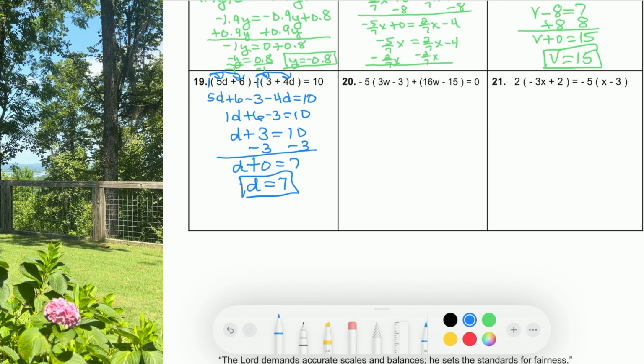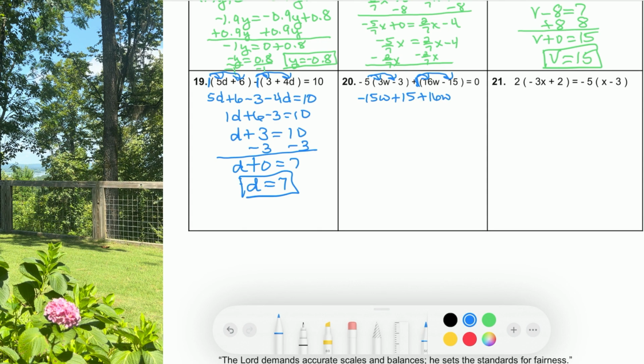All right, number 20. Again, we're going to distribute. We have that invisible 1 here that will distribute as well. So negative 5 times 3w is negative 15w. Negative 5 times negative 3 is a positive 15. 1 times 16w is 16w. Let me erase that, make that a little bit neater.